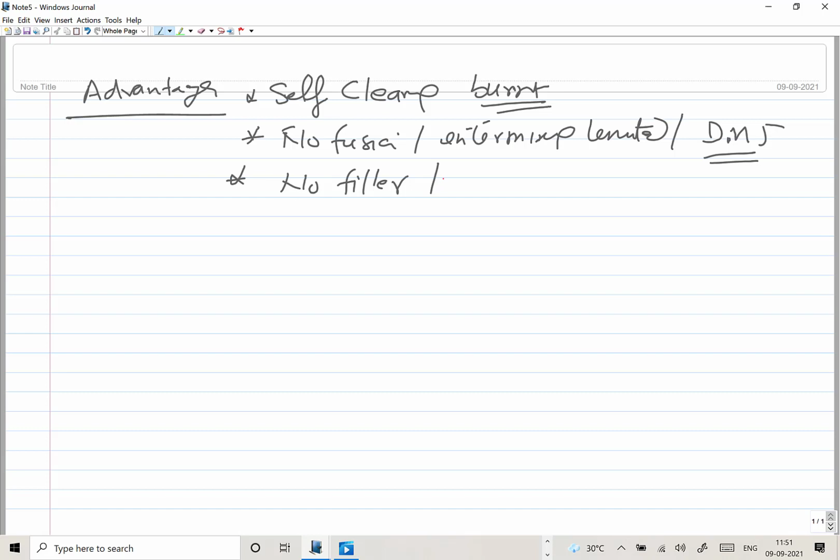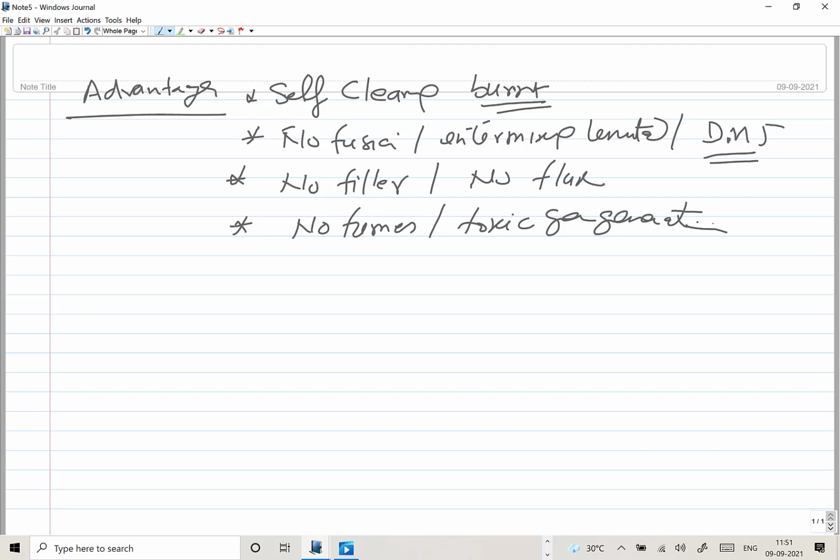Actually there is no filler or flux used in these processes, and since there is no fusion melting, there are no fumes or toxic gas generation. So this is another good thing. Otherwise, fusion welding is known to be very problematic because of generation of so many harmful gases.